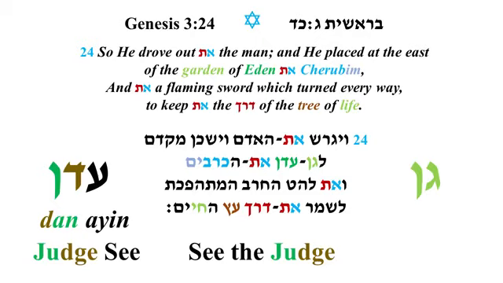And here we do see the judge. Man broke the rule. He ate from the tree, but he wasn't supposed to. And the judge has now given down his punishment. You are now banished from this Gan Eden, the Garden of Eden. You can see a lot in there.